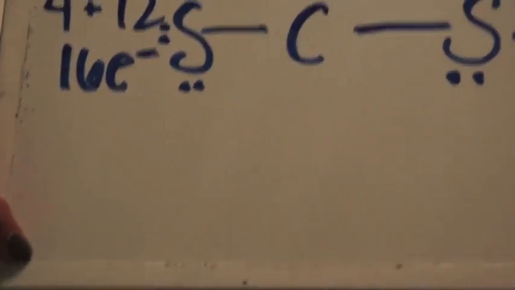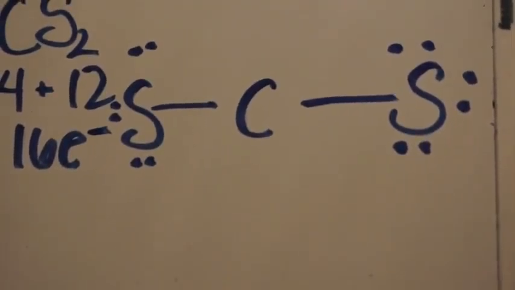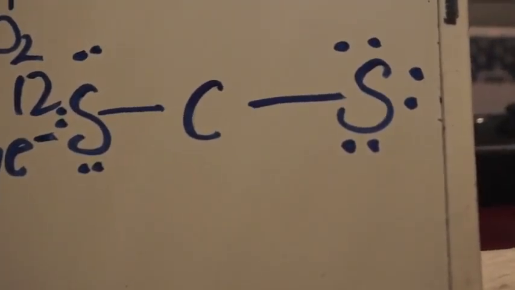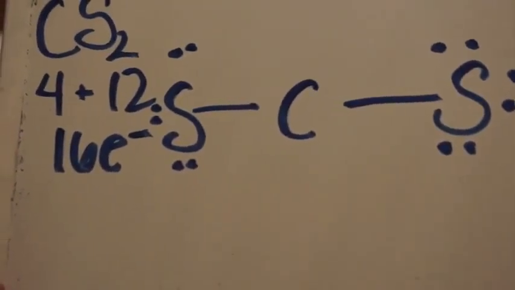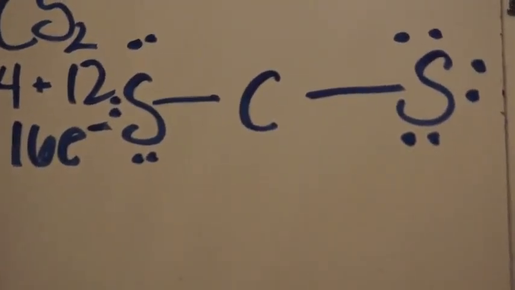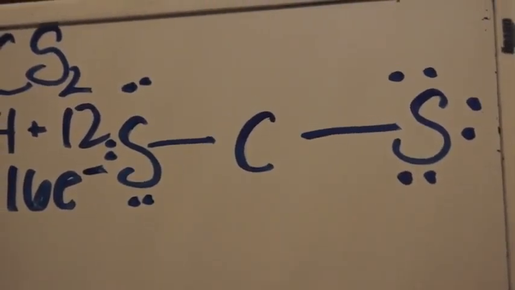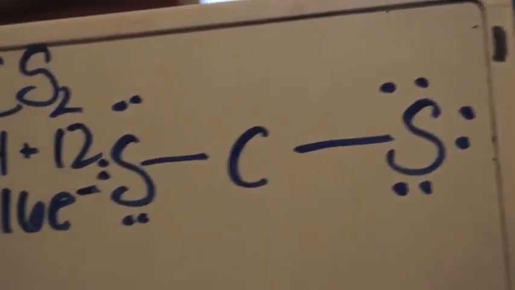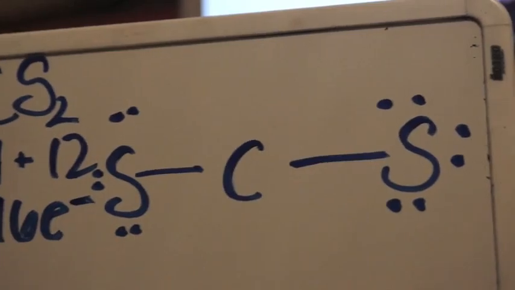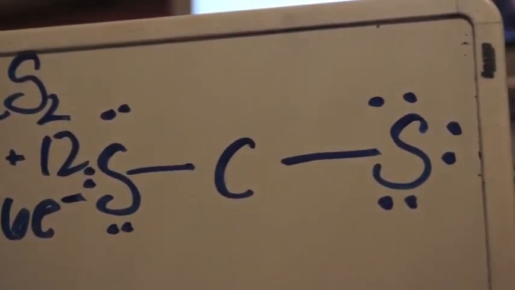And you may think that this looks okay with the carbon sharing with 2 single bonds, but you may notice that the sulfur is happy and it has 8 electrons in its shell, but the carbon only has 4 since it's sharing 2.